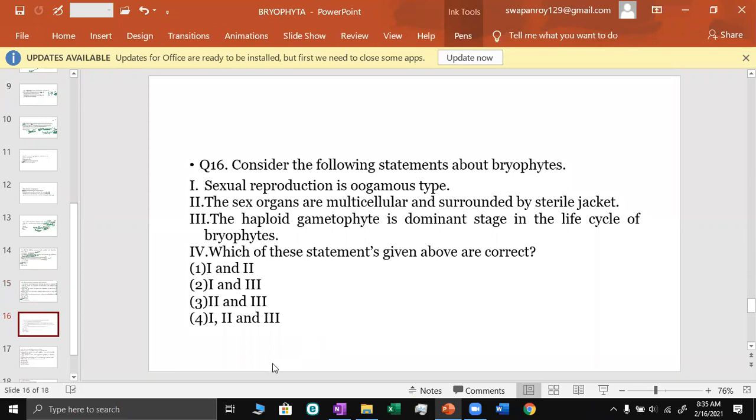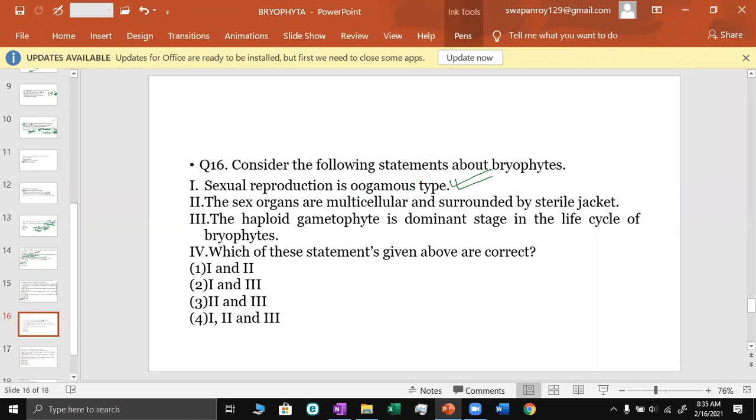Then come to question number 16. Consider the following statements about bryophytes. Sexual reproduction is oogamous type. This is correct, because in the oogamous type of reproduction, the male gamete is small and motile, and the female gamete is large, massive, and passive.